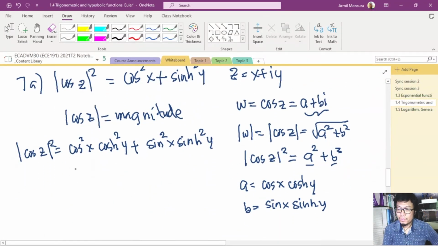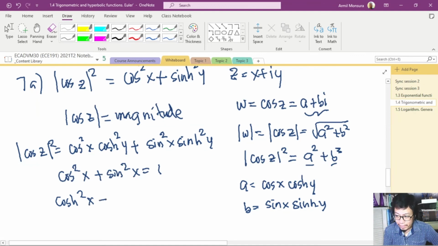On the trigonometric side, we have cosine square x plus sine square x equals 1. I'm pretty sure that you know this one. And on the hyperbolic side, we have the identity hyperbolic cosine square x minus hyperbolic sine square x equals 1.